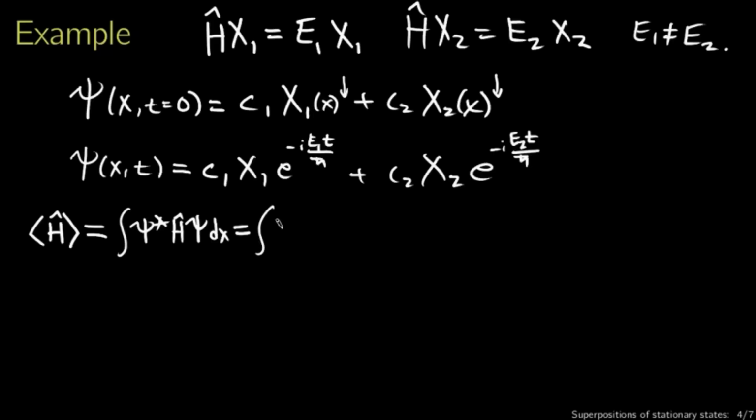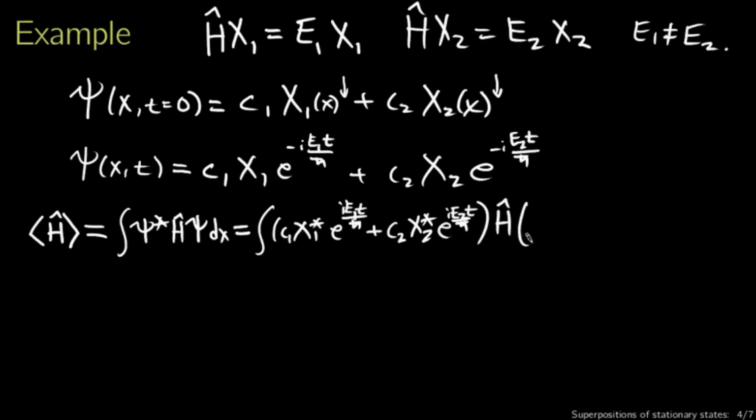So I'm going to get an integral of c1 x1 star, taking complex conjugates, e to the i e1 t over h bar. Now I've got a plus sign because I took the complex conjugate, plus c2 x2 star e to the i e2 t over h bar. Again, plus sign here because of taking the complex conjugate.